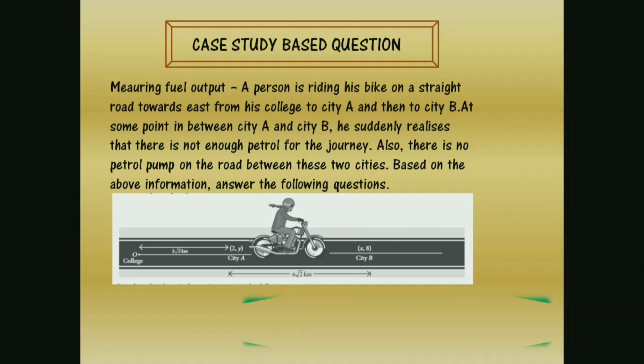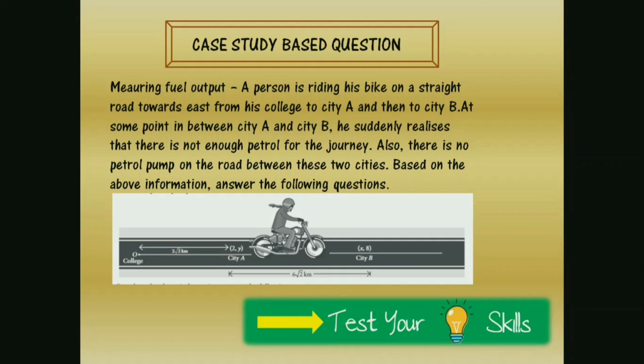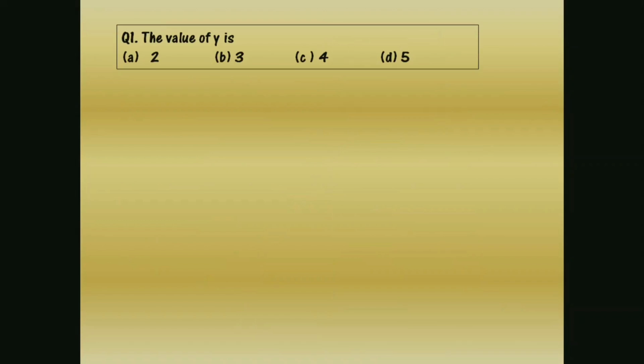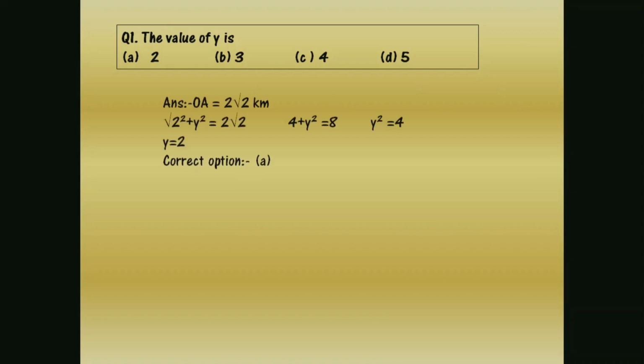Question number 1. Find the value of y. The options are given: 2, 3, 4, 5. Here the figure is given, and the distance OA is also given as 2 root 2. So OA is equal to 2 root 2. Then we can use the distance formula here.